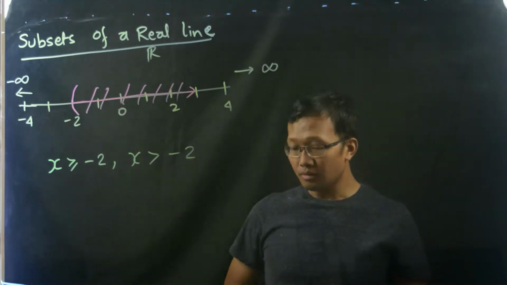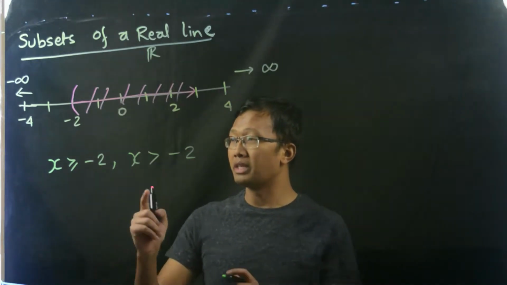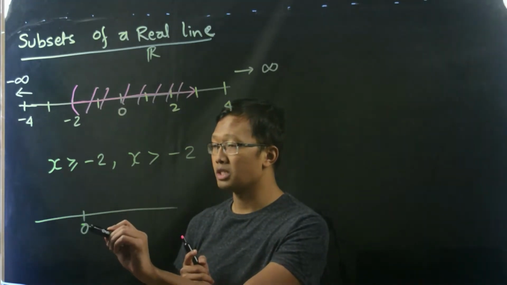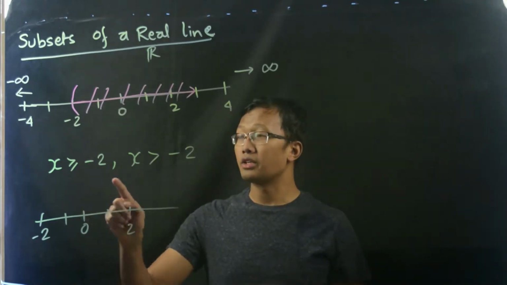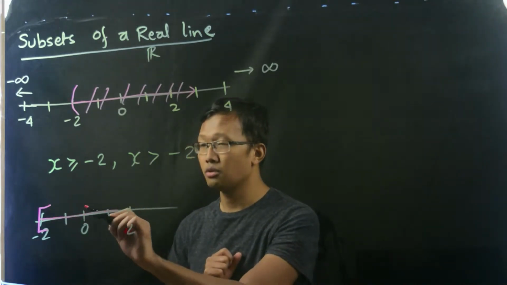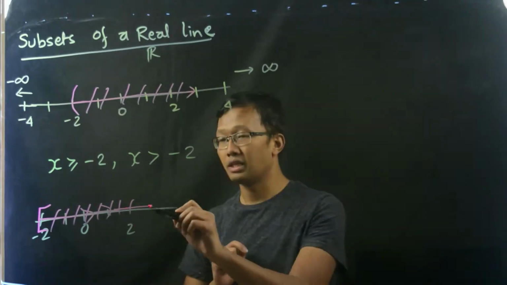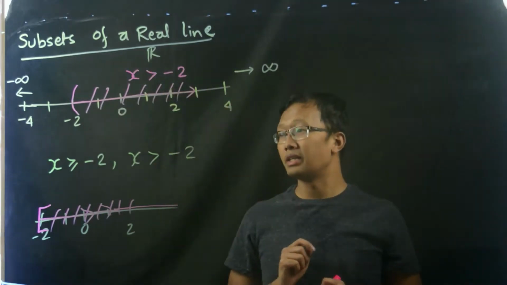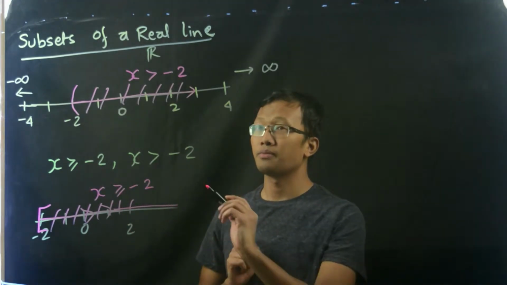Similarly, if you want to come up with the graph of x is greater than or equal to -2, then let's suppose this is 0, this is -2, then greater than or equal to, we use the square bracket, and it also moves towards larger values. It continues indefinitely. This one is x greater than -2, and this one is x greater than or equal to -2.